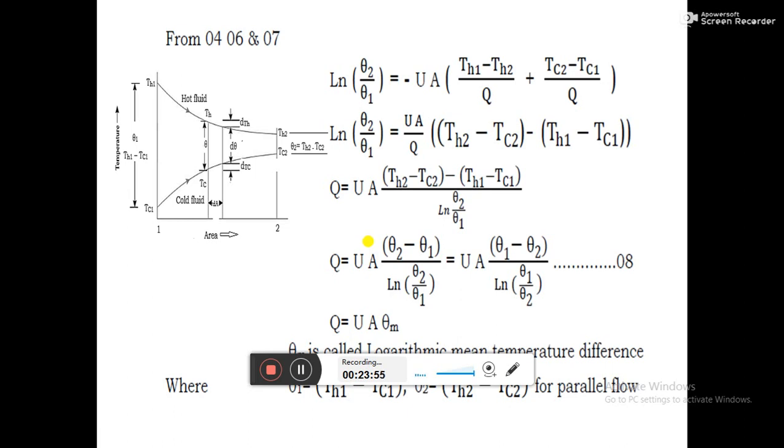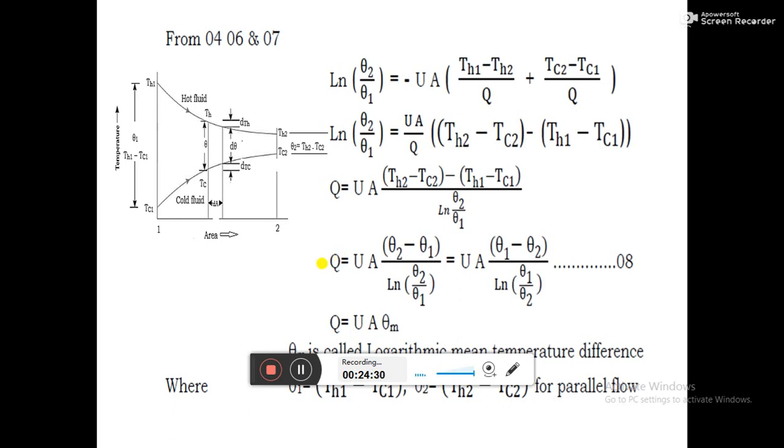Then rearranging the equations, we will get Q equals UA into Th2 minus Tc2 minus Th1 minus Tc1 divided by ln theta 2 by theta 1, where Th2 minus Tc2 equals theta 2, the temperature difference at the outlet of the heat exchanger, and theta 1 equals Th1 minus Tc1, the temperature difference at the inlet of the heat exchanger.